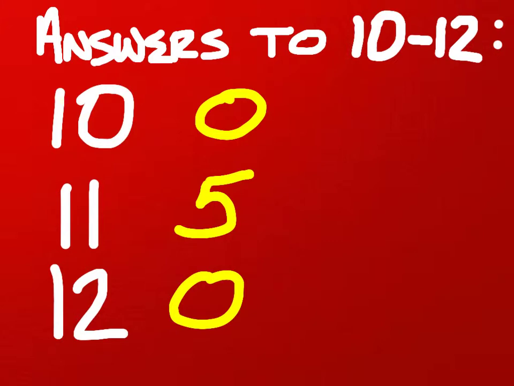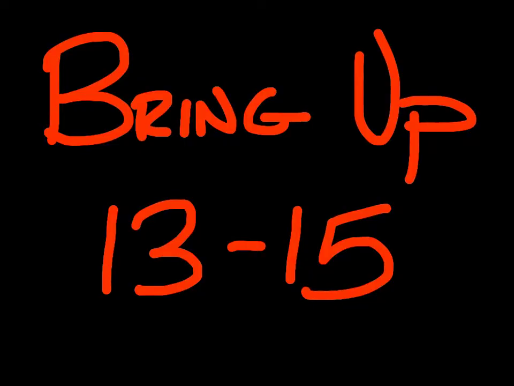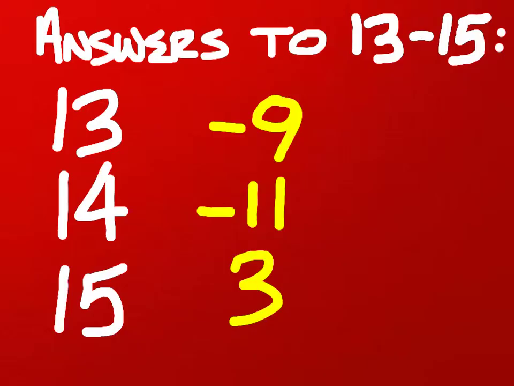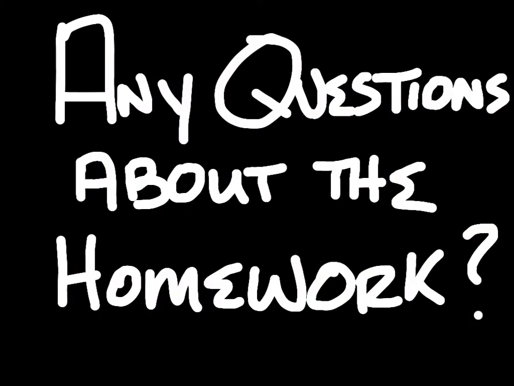Bring up 10 through 12. The answers for 10 through 12 are 0, 5, and 0. If you have 3, come on up. Bring up 13 through 15. The answers for 13 through 15 are negative 9, negative 11, and 3. Any questions on the homework?